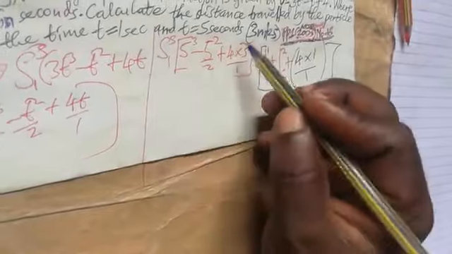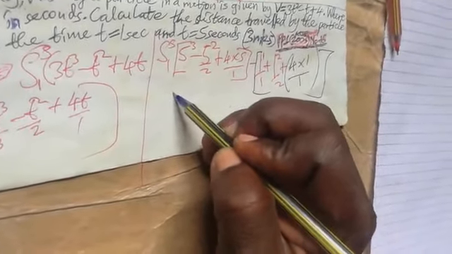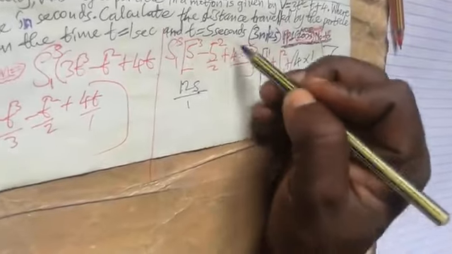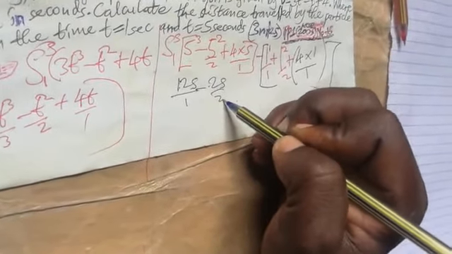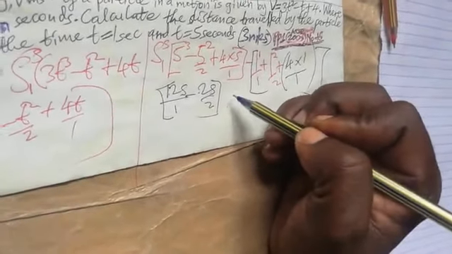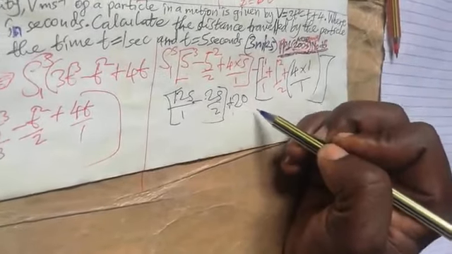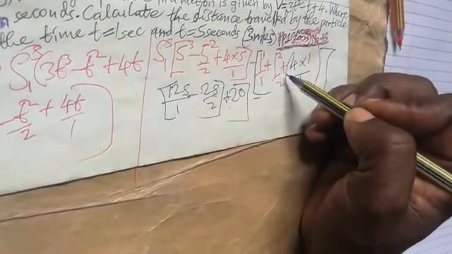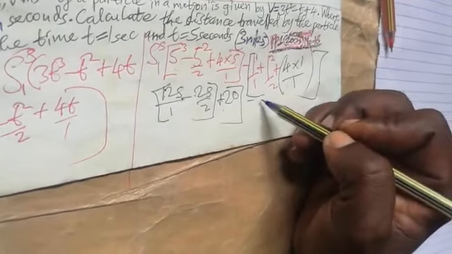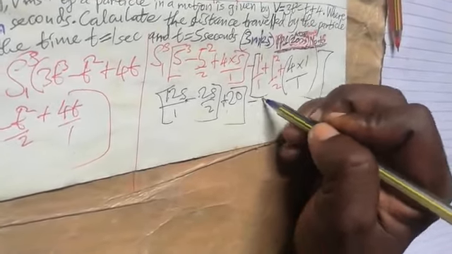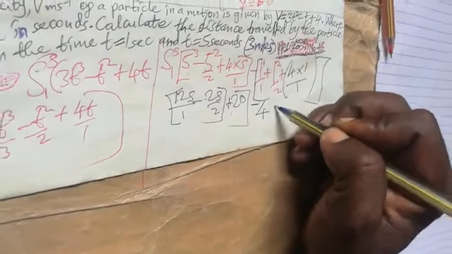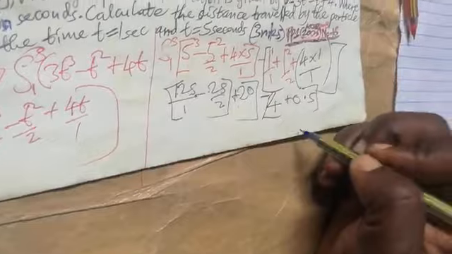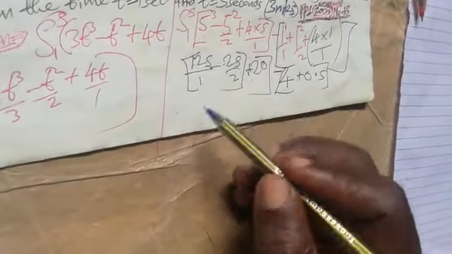Therefore, by calculating this will give us 5 power 3, which is 125 over 1, minus 5 squared which is 25 over 2, plus 20, minus 1, minus 1 over 2, plus 4.